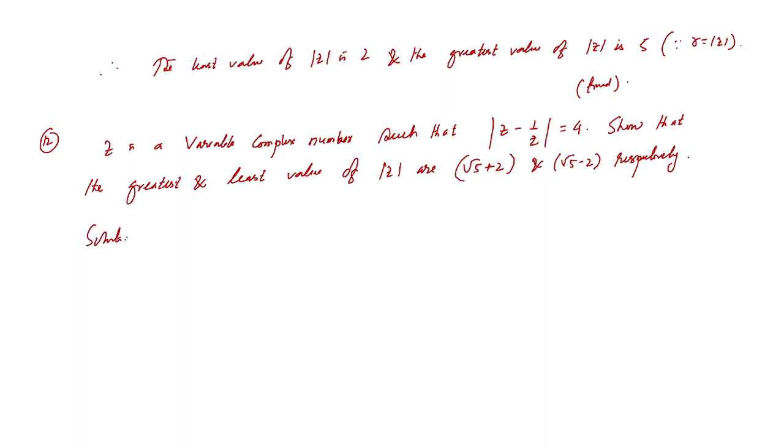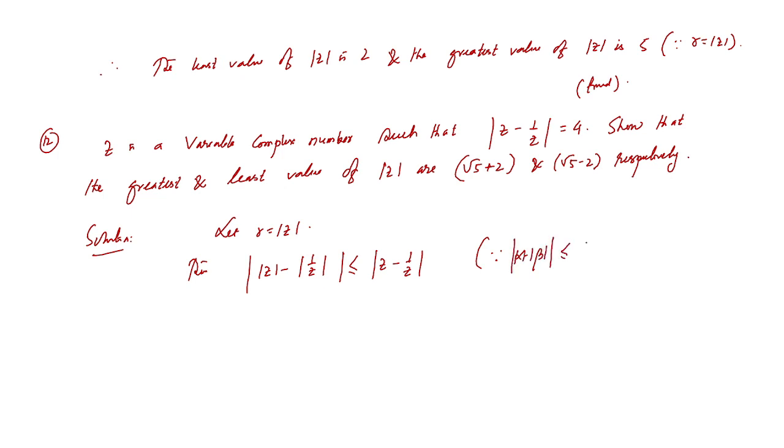So how will we solve? In a similar way, let r equal mod z, just like the previous question. Then we can use the inequality: mod of z minus 1 by z, that modulus, is less than or equal to mod z minus 1 by z, since mod alpha minus mod beta, whole modulus, is less than or equal to mod alpha minus beta, for all alpha, beta belonging to complex numbers.